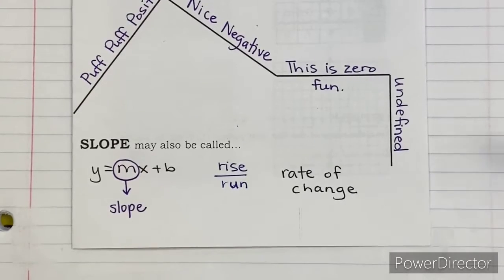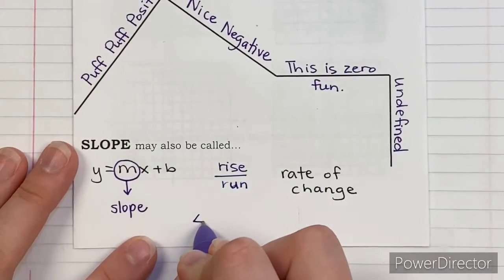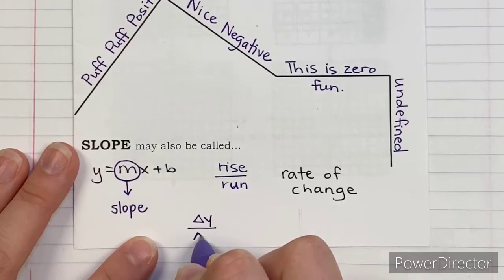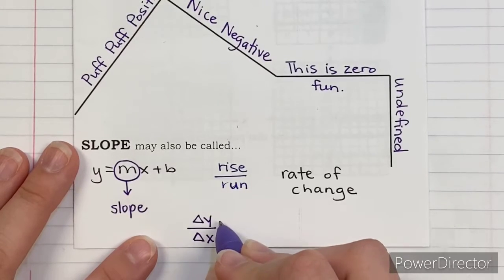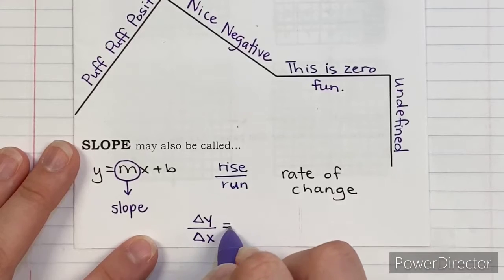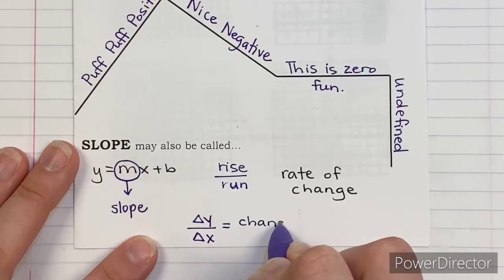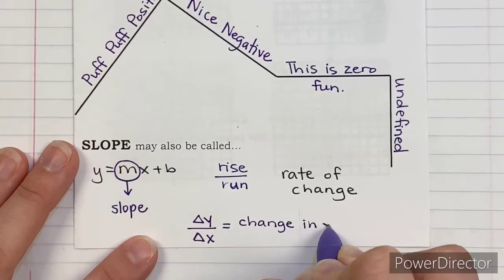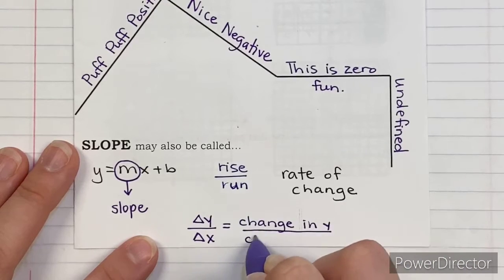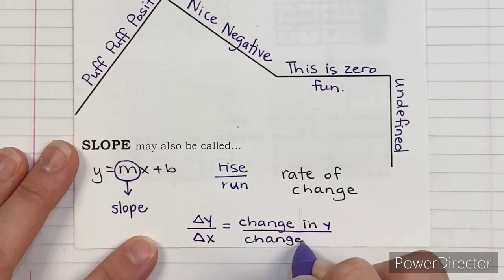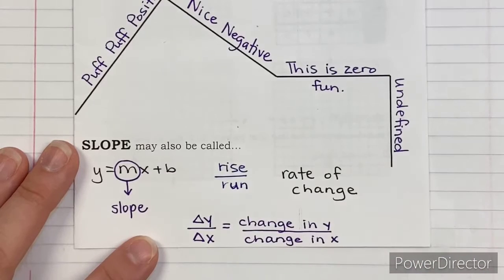And then another one that's used a lot is delta y over delta x, which is just the change in y over the change in x.